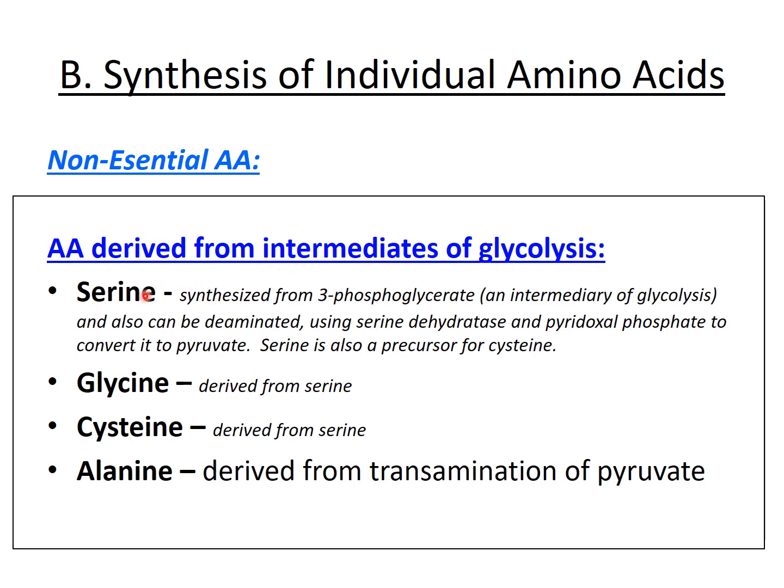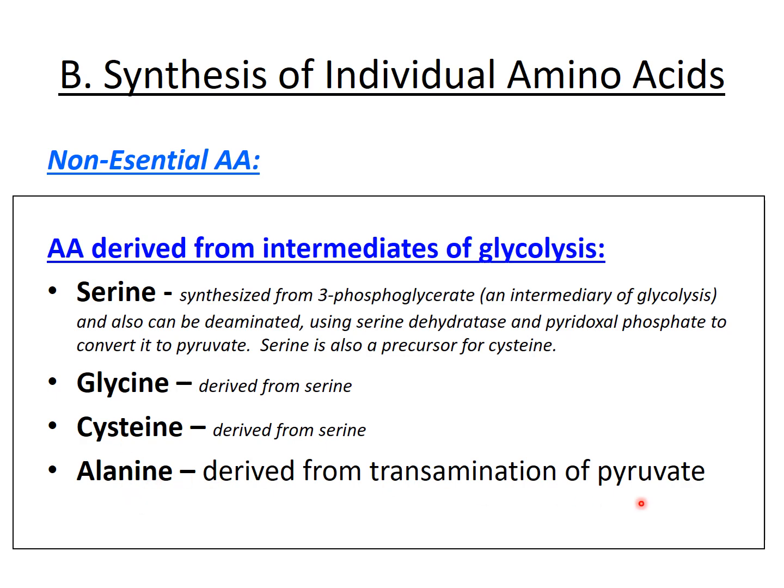For example, serine can be synthesized from a glycolytic intermediate 3-phosphoglycerate. This serine can be used further modified to glycine, further modified to produce cysteine, the amino acid cysteine.